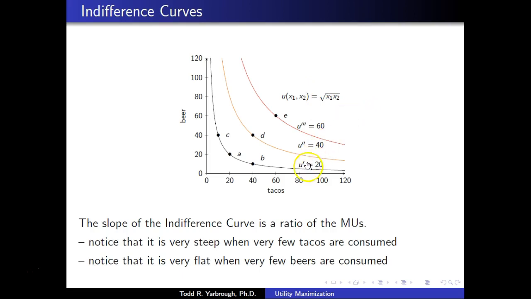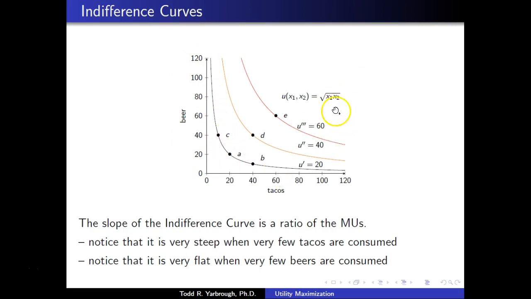The actual process of how we arrive at the indifference curve is fairly straightforward. We just take this function, we set utility equal to a particular level, in this case 20 or 40 or 60, let's stick with 20, and then we simply solve this equation for one of your variables. So for example, we could solve it for beer, and then we could just plot out the different values.